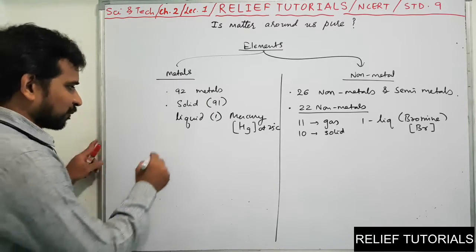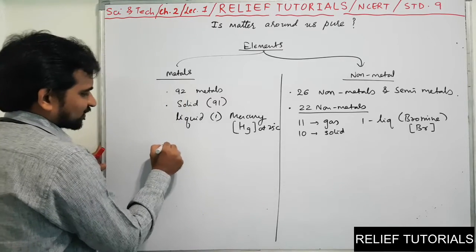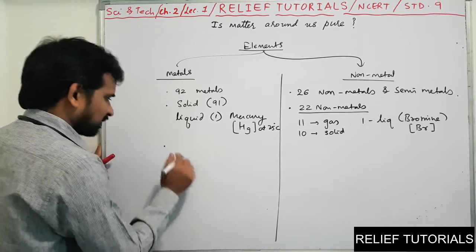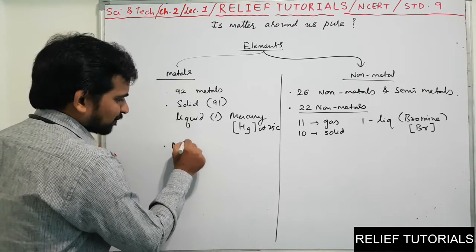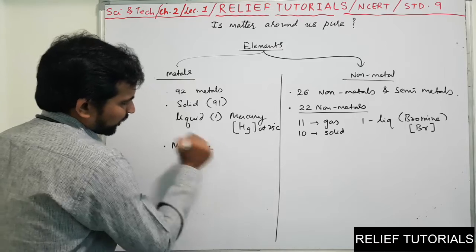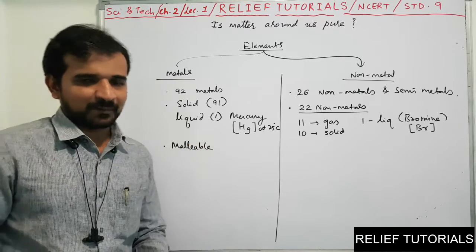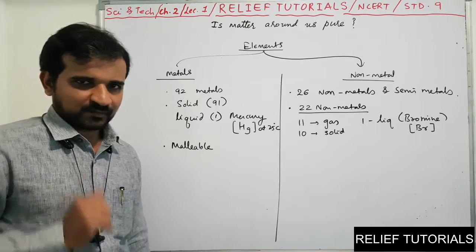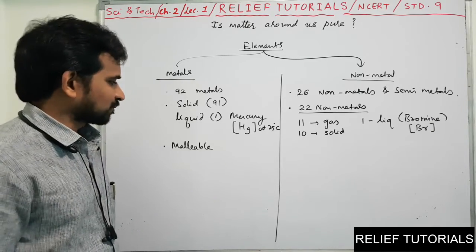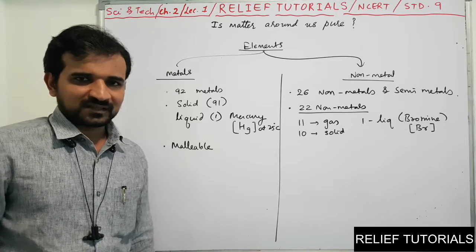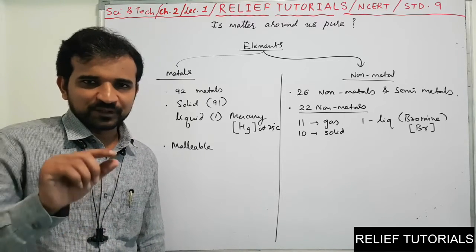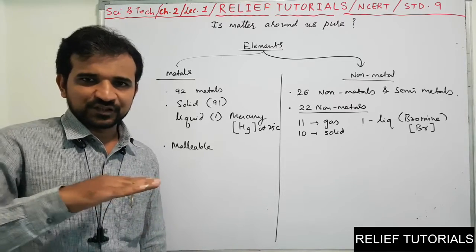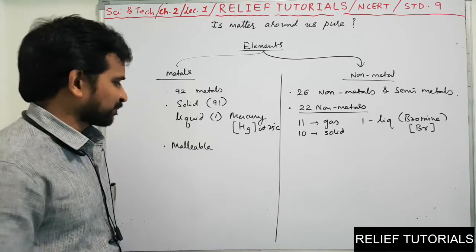Now let us see the physical properties of metals and non-metals. Normally metals are malleable. Malleable means they can be hammered and converted into thin sheets. Foils can be formed by hammering them, just like the silver foil or the aluminium foil which we use to pack the foods. We see the thin sheets of iron, the roofs.